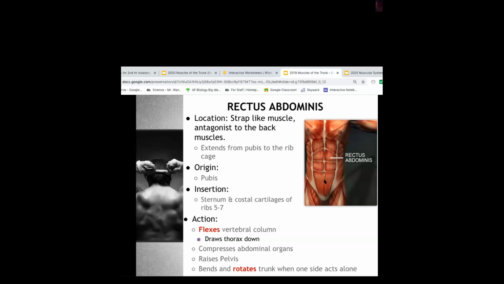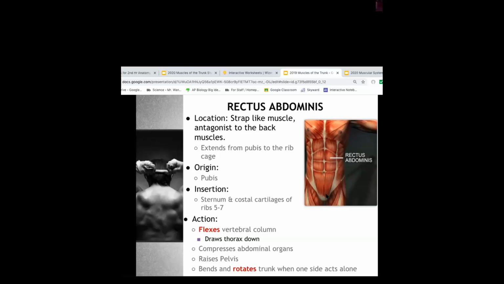So it's decreasing the angle from 180 to something less than that. You can exercise one side alone, and that creates a rotation about the center point. I can isolate the bigger portion above, and I can raise the pelvis in a pelvic tilt. Any questions on that one?